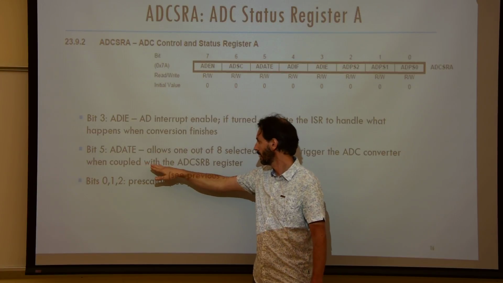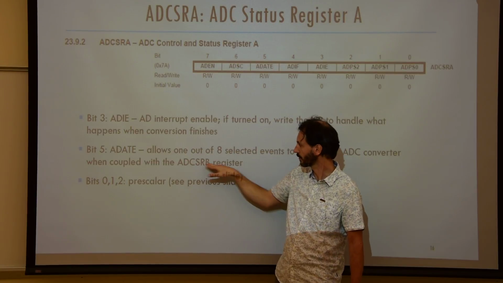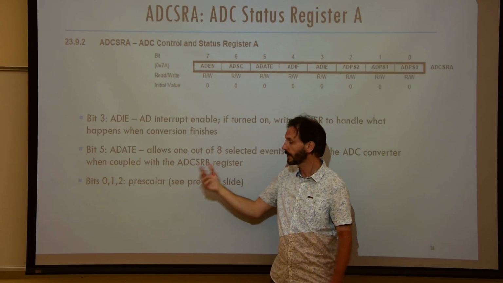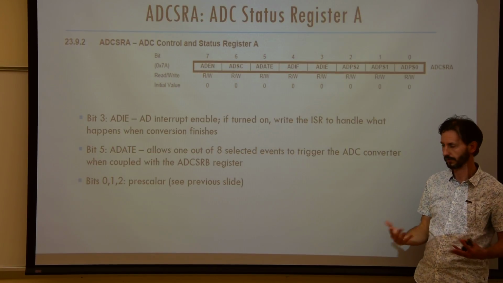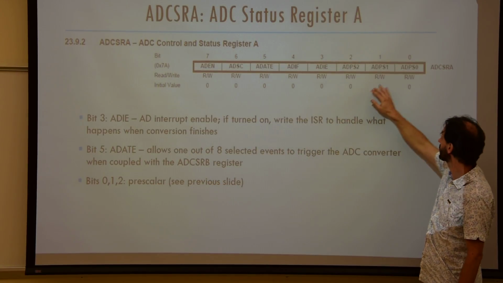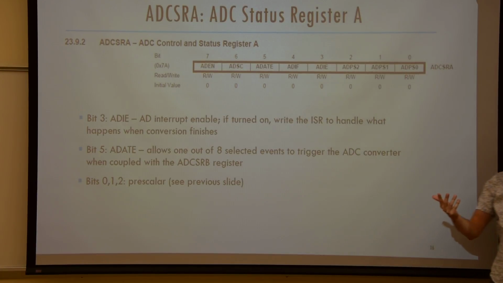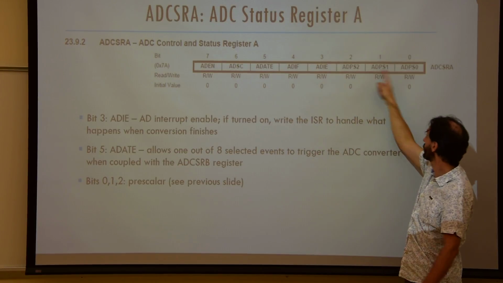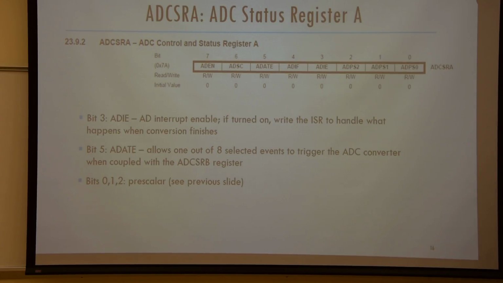And it's coupled with the ADCSRB register, the other control register, that indicates which 1 out of the 8 selected events you would like to use. So let me explain in a moment. But first, the prescaler that I was talking about earlier, that we will want to set to 128, remember, for a 16 megahertz CPU clock, needs to be put in these 3 positions, ADPS2 to ADPS0.